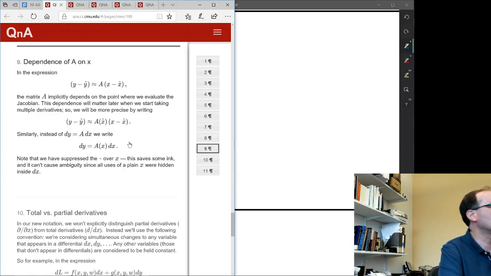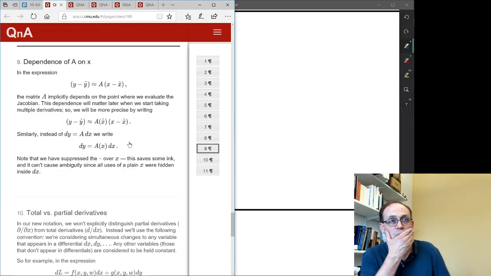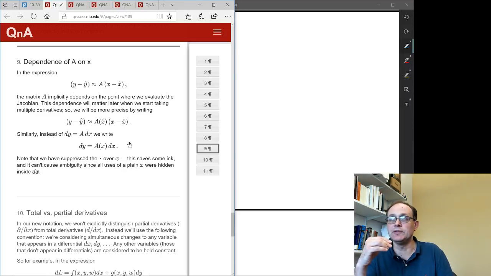There's another question on Piazza. The question is whether you get a unique answer by type checking. Yes, every expression should have a unique type, and you should be able to figure out for every sub-expression of your expression what that type is.